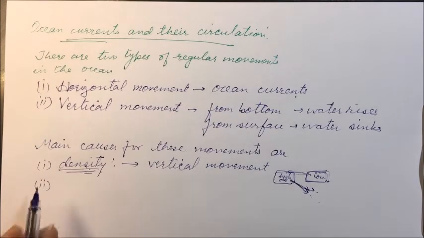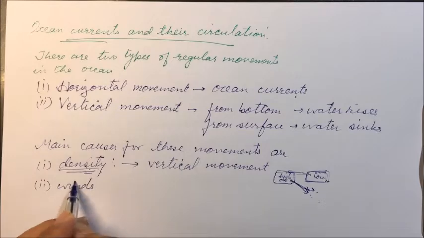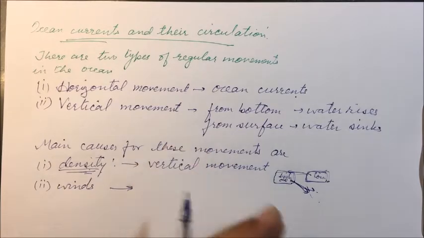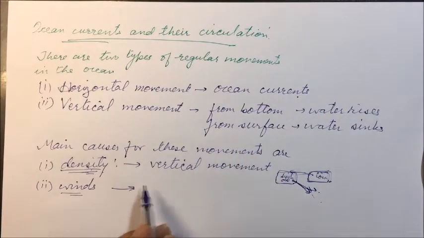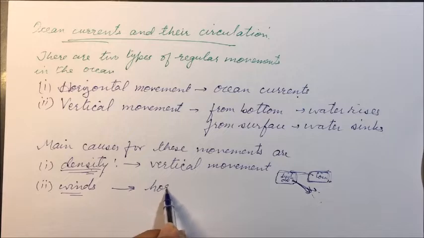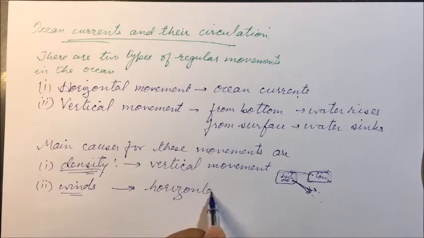Second, winds. As the winds flow, there is a frictional drag. Due to that frictional drag, water as well moves. On the surface, the water moves due to the frictional drag of the wind. It mainly results in horizontal movement.